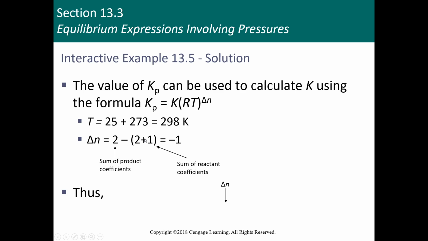How do I know this has to be products minus reactants, by the way? Again, whenever we're looking at powers, the stuff in the numerator is positive, the stuff in the denominator is negative. And hopefully you remember that back from your math classes. If not, please do a little reviewing. Okay, now, this right here is our formula.